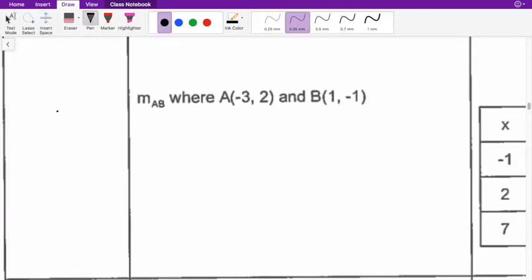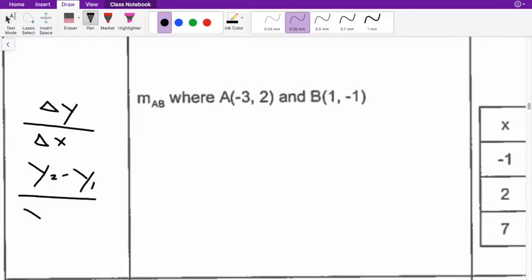If you remember, when we have 2 points, we use delta y over delta x, and that is similar to y2 minus y1 over x2 minus x1. So let's name our points. Let's name this one x1, y1, and x2, y2. Sorry for the long strain there, just want to make sure it's different.